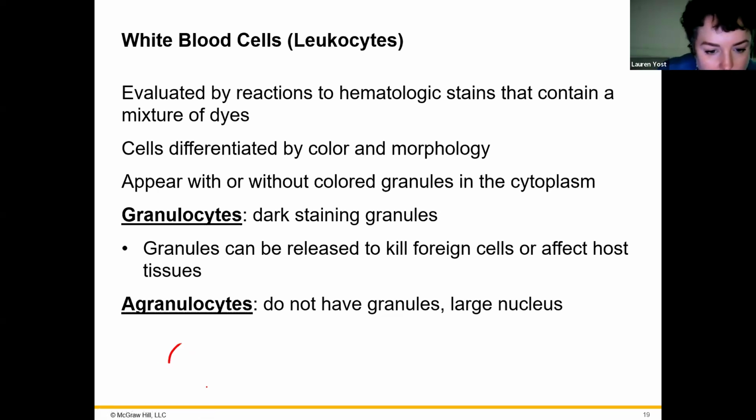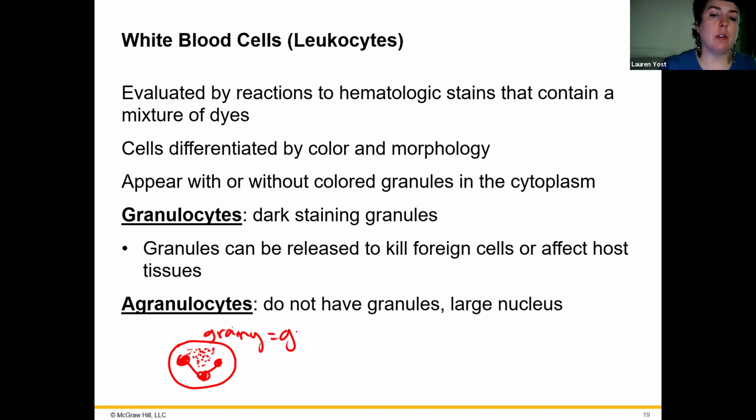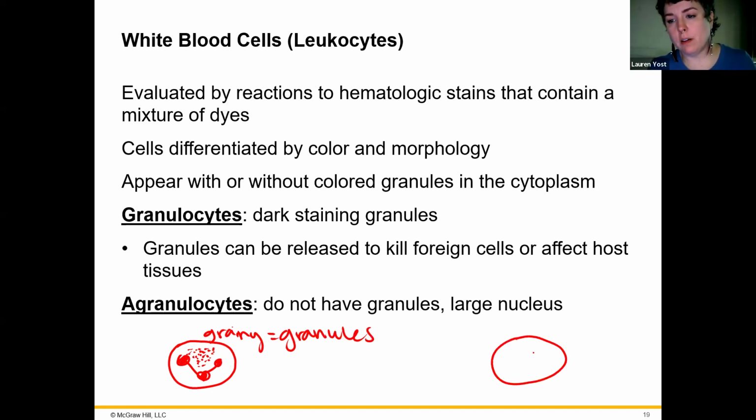Okay, so if you have a cell and you look at it, it might have these weird circles in it that seem sort of interconnected, but I'm not even talking about that. You'll have all these little spots, it looks grainy. These are granules. And then we have cells that look like this, with one big single blob in here.